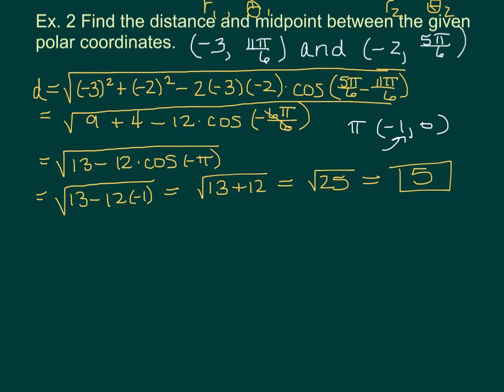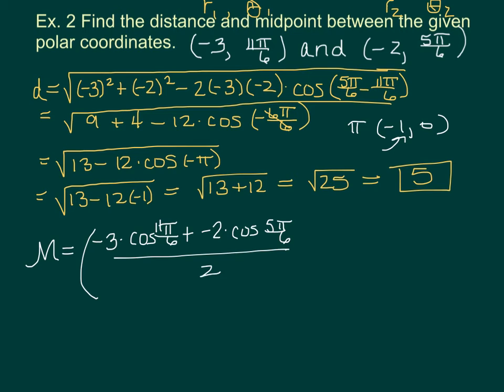Okay, then the midpoint. Remember the formula is R1 times cosine of theta 1 plus R2 times cosine of theta 2, all divided by 2.